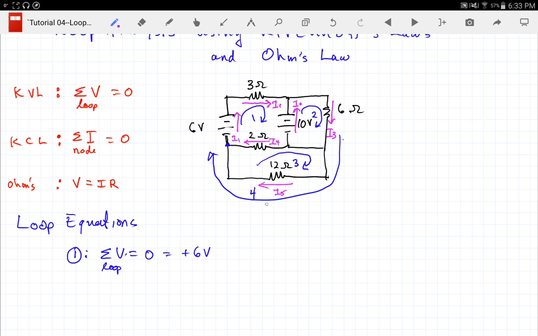Now that I've identified all of the currents, I immediately go through and say which side's positive and which side's negative for each one. So for a resistor, the side with the tail is the positive, the side with the head is the negative. So I have the voltages, the positive and negative for each resistor marked.